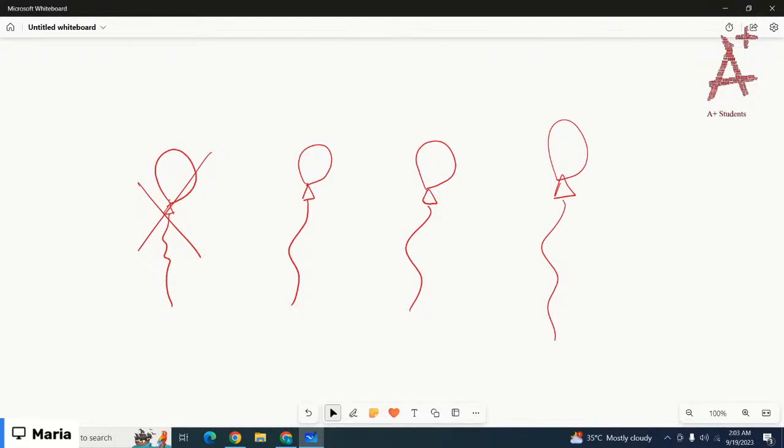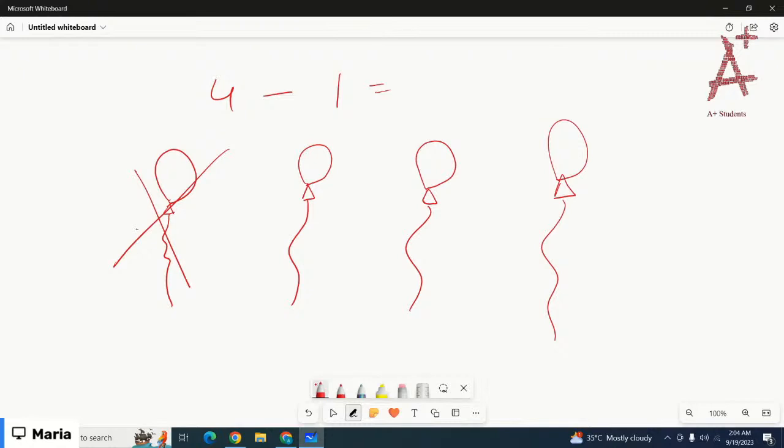Before giving a balloon to your brother, earlier you had four balloons, right? You gave just one to your brother, and now how many balloons do you have? You have to count the ones that are without the cross, right?